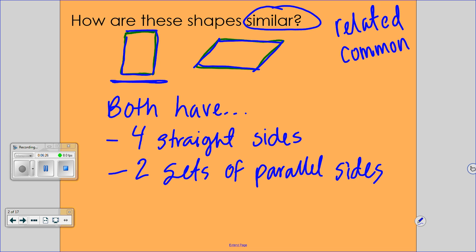Jackson? They both have a set of two long lines instead of two short ones. Okay, fair enough. Their lines are different lengths. Sabrina? They both have four corners. Do they both have four square corners? No. Which one has square corners, the left or the right?